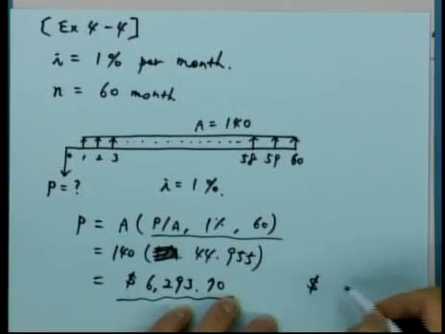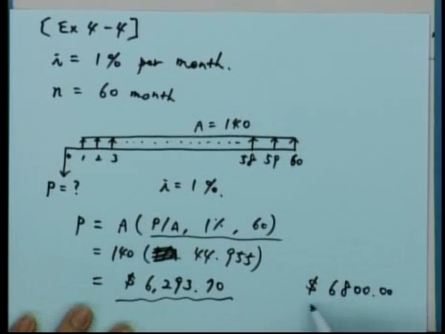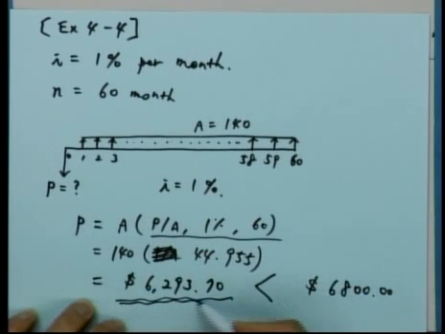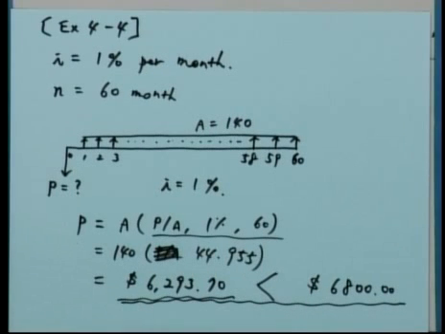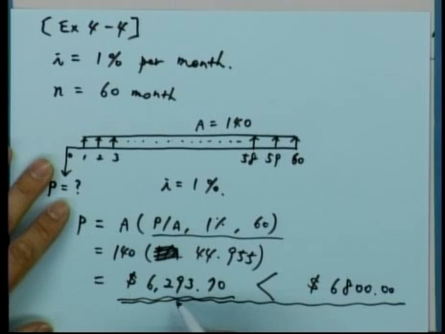So here, $6,800. So which amount is bigger? This one, right? This amount is a lot bigger than $6,293. So what is your conclusion? Because the contract only is worth $6,293.70, you need to reject the offer, right?